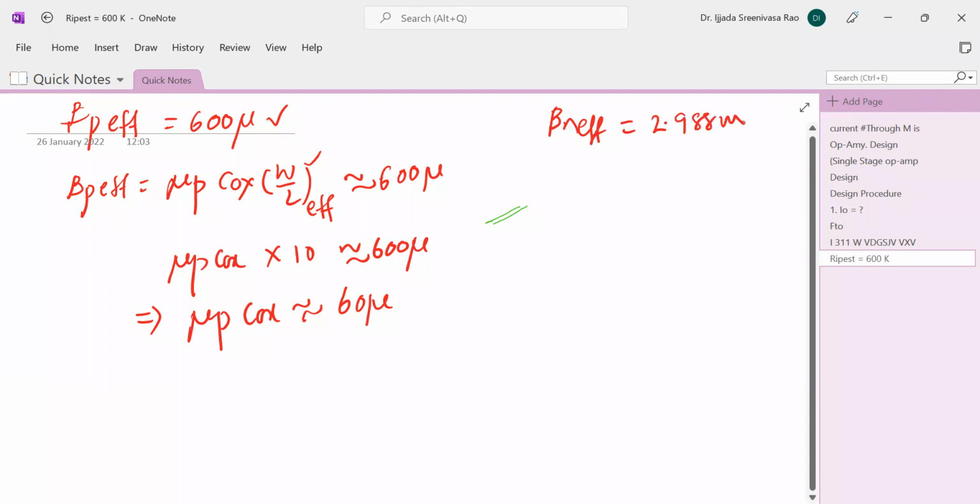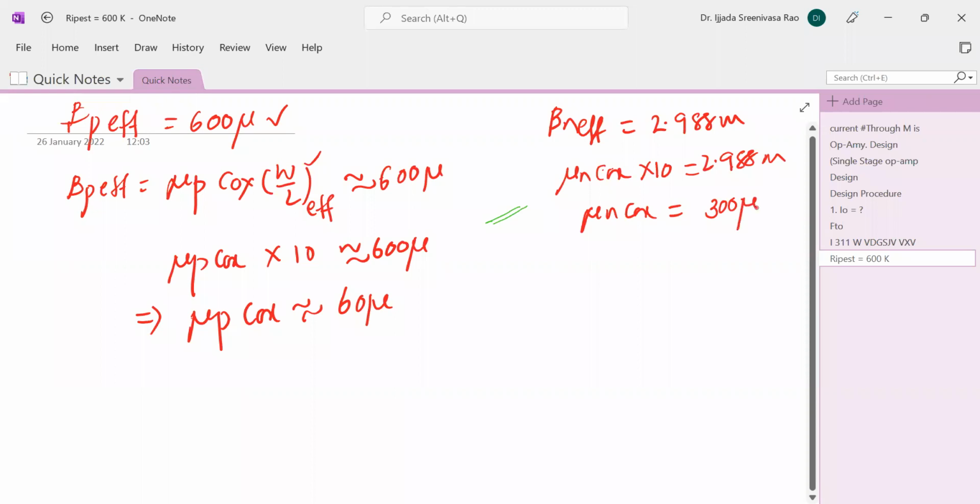Okay, this W by L effective value is the same 10 only. So you will get mu N COX into 10 is equal to 2.988 milli. So mu N COX value is equal to 300 micro.